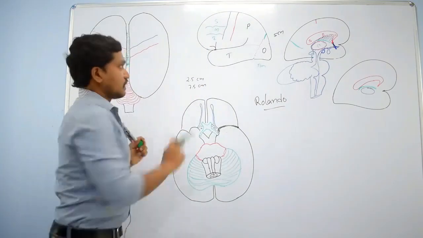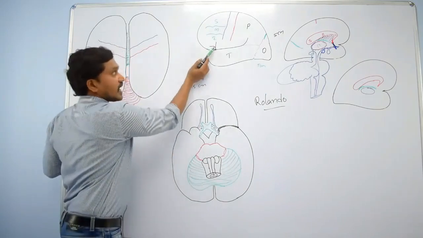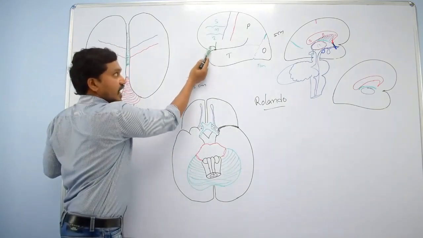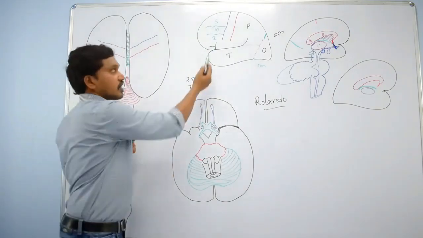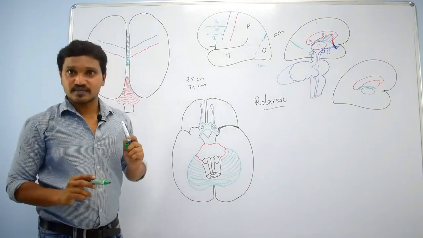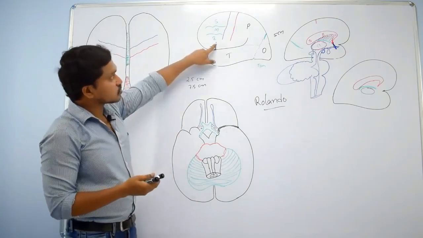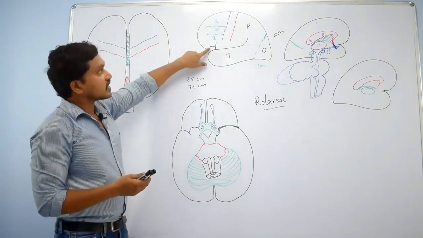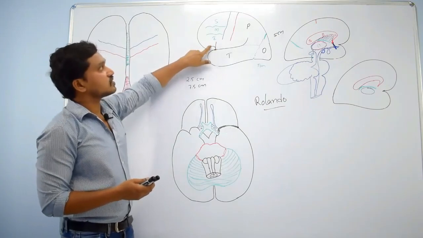Right? And one more. In the frontal lobe, because of anterior ascending and anterior horizontal sulcus of lateral sulcus, right? Because of these two sulcus, there are three areas formed. 1, 2, 3.